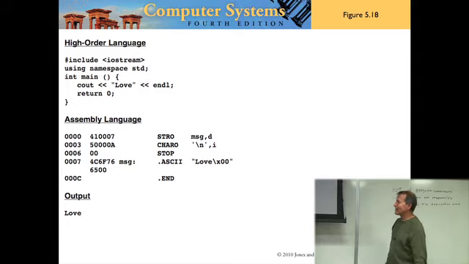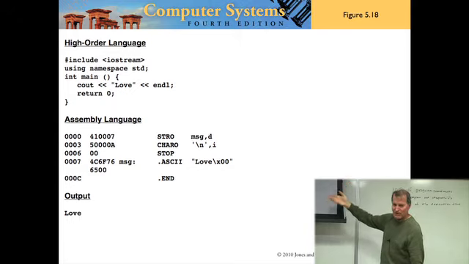Now, here's the thing. How do you translate the pound include? Well, we're going to ignore that, because the pound include is using the libraries and stuff like that. And using namespace std, we're going to ignore that.